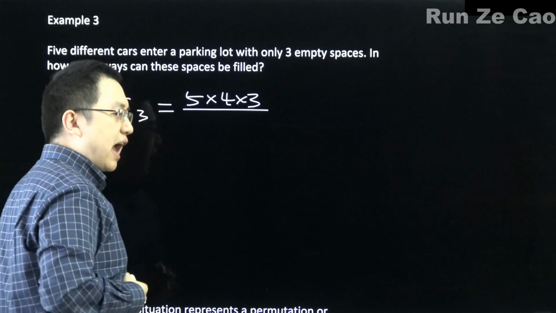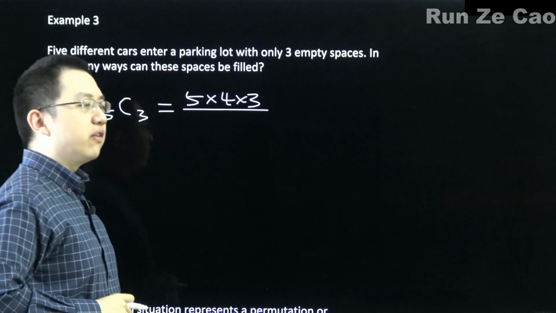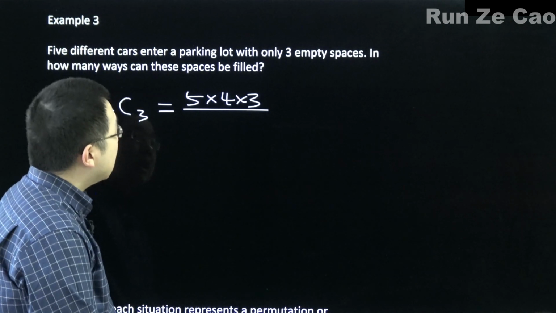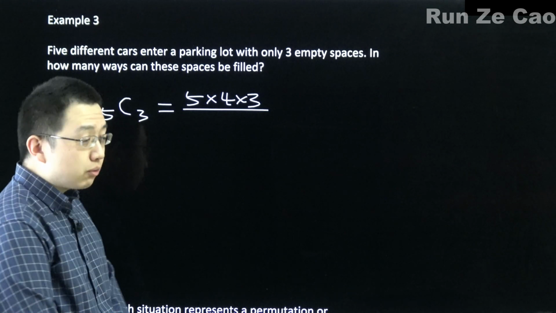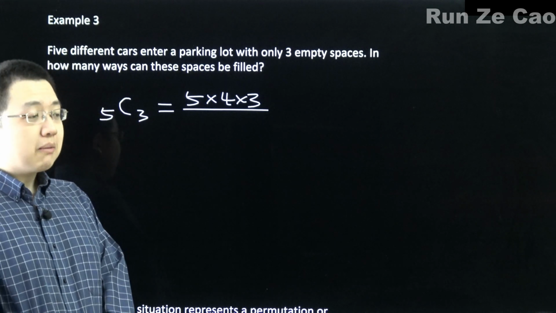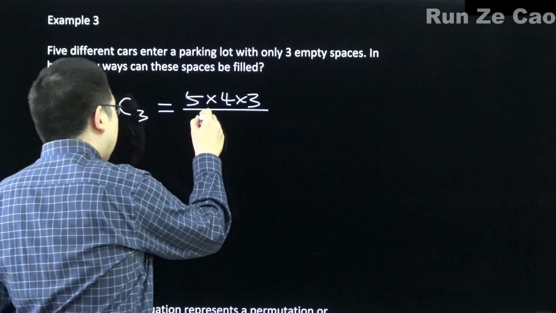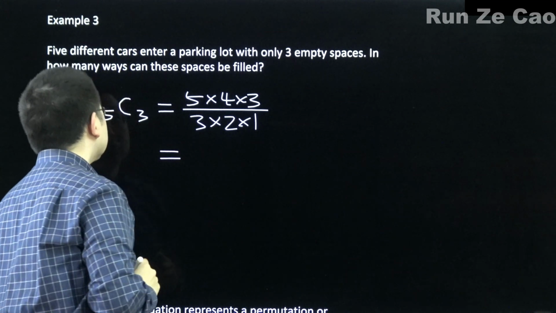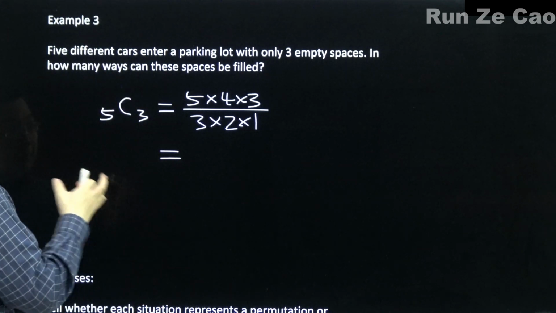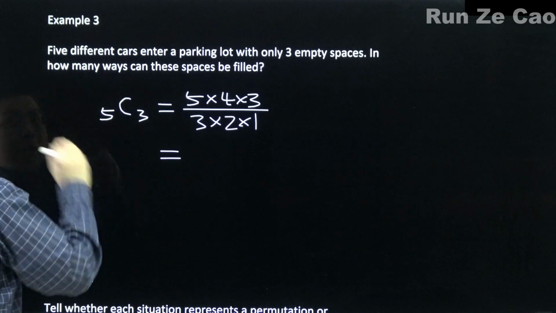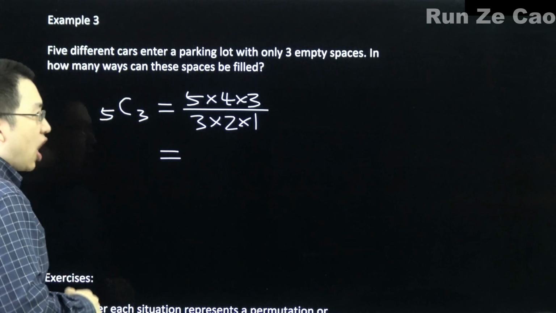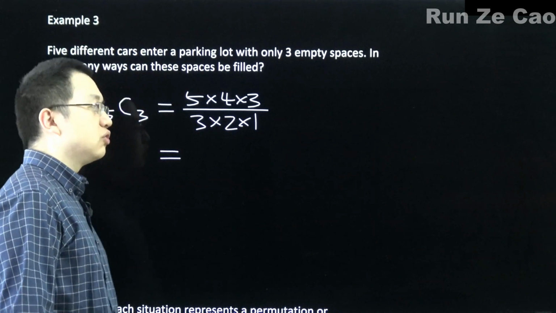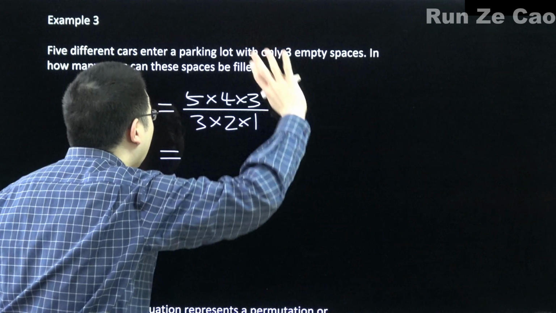This is not a question that actually specifies whether the order of the filling of the parking spaces matters, because in reality we know parking spaces are not equal. So should we be dividing by 3 times 2 times 1? Well, in this case, this is an example problem for combinations, so yeah, we probably should be. It probably means, in how many ways can we choose the cars that actually get parking spaces? Or in how many ways can we choose the cars that have to go somewhere else?